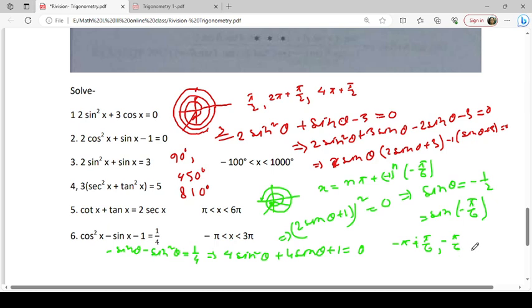In this way we need to find the solution. This is given, so we need not write x is equal to this for all n. We have to find in which range we need the solution. So this is a way to solve the equations.